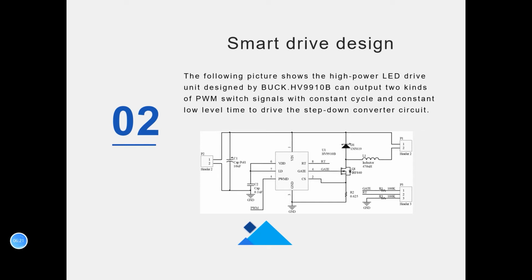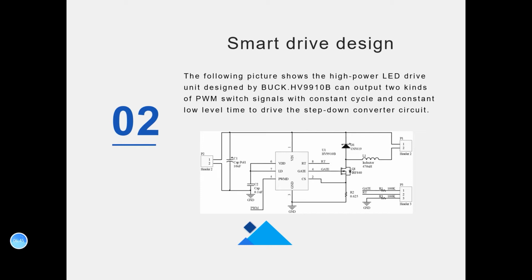It is advisable to use the switching signal with constant low level time to avoid sub-harmonic oscillation. The switch signal may be set by oscillating resistance RT, setting RT1 and connected to pin 8.